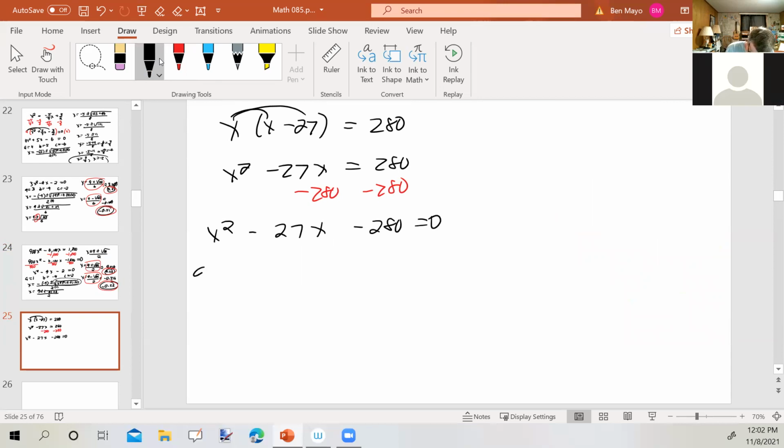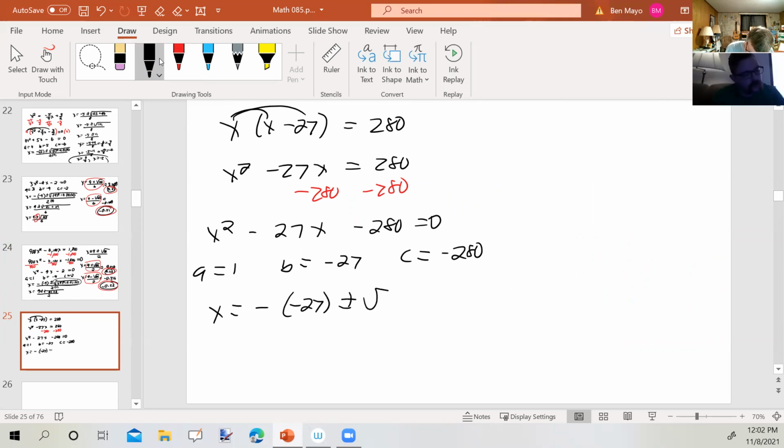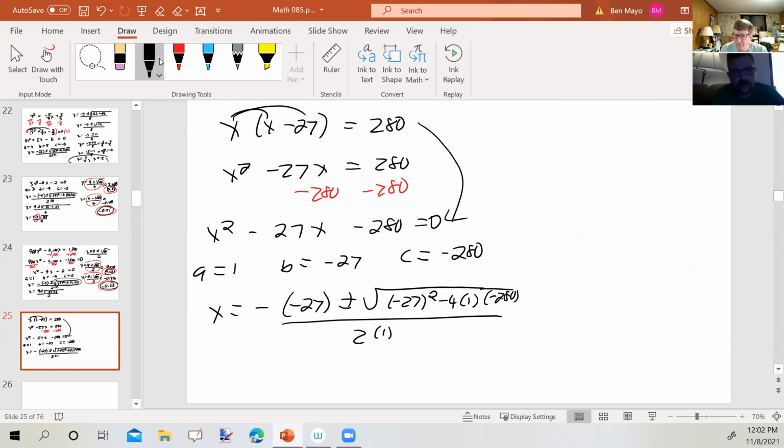Now we'll go from there. A is 1, B is negative 27, and C is negative 280. X equals negative B plus or minus the square root of B squared minus 4AC all over 2A. The point is, you've got to get it to here before you use the quadratic formula.